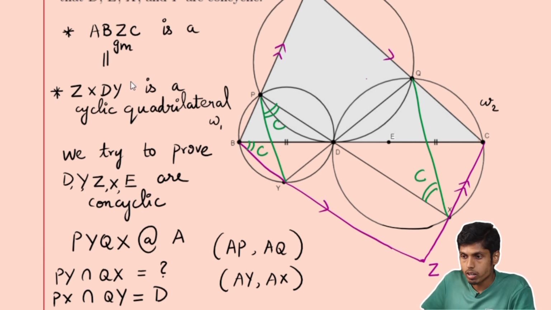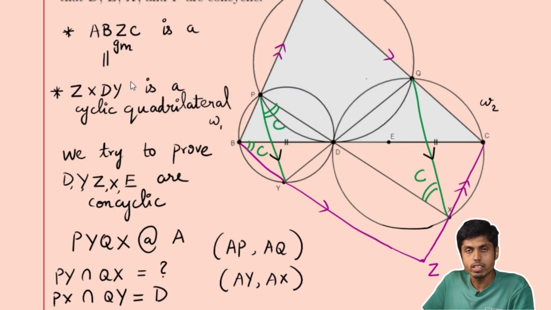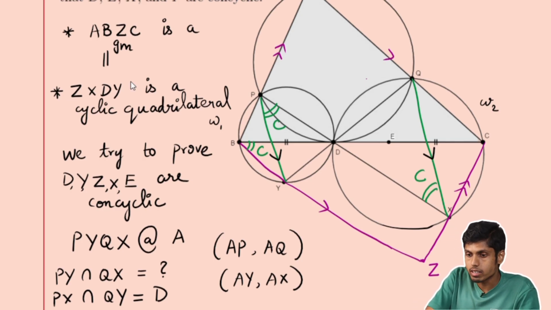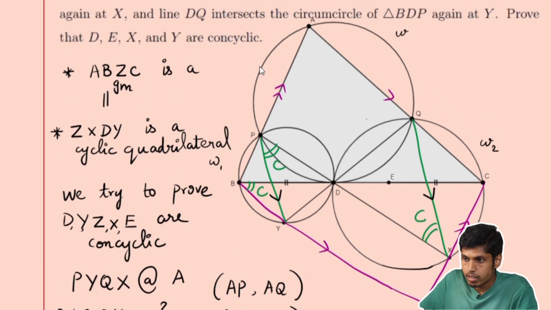So now, we get that PY and QX are parallel, so they will never meet. So how are we then going to consider the intersection? Then it will be just the point at infinity in that orientation. Hence, that line will just be a line parallel to PY or QX.